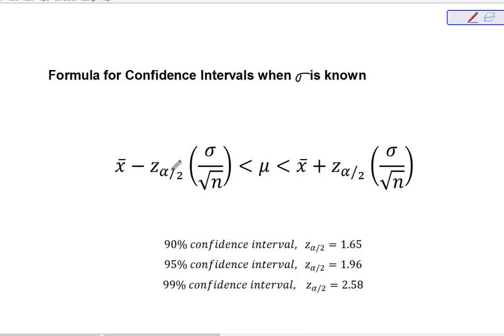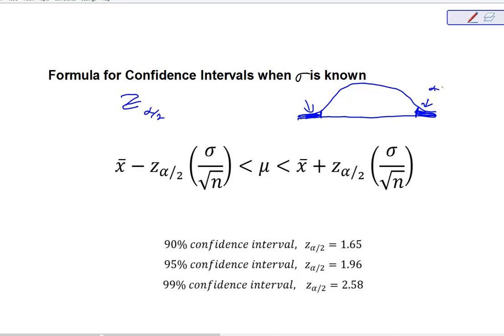z-score, this symbol right here, what it is z alpha divided by 2. Your alpha is the value that is in the small tail here.